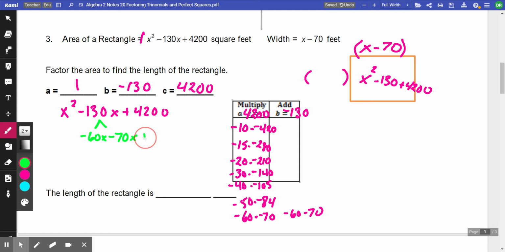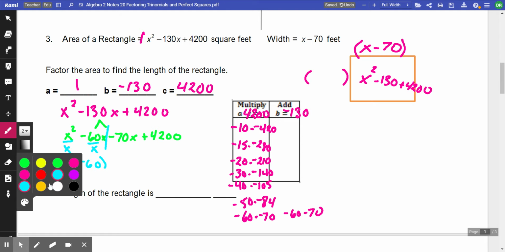We still have our x squared at the beginning and the plus 4200 at the end. There's the four terms that we're going to work with. So we look at the first half, then the second. And in the first half, we can divide both terms by x. And when we do, we have x times x minus 60 as the rewrite of that half.